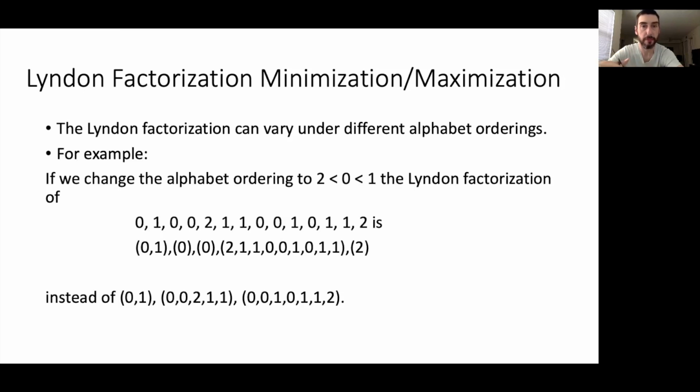As a quick example, if we take the string from earlier and change the alphabet order to have 2 be less than 0 be less than 1, then we get the factorization shown here. There are 5 factors rather than the 3 factors we had earlier, and the factors are not non-increasing in terms of the lexicographical order.